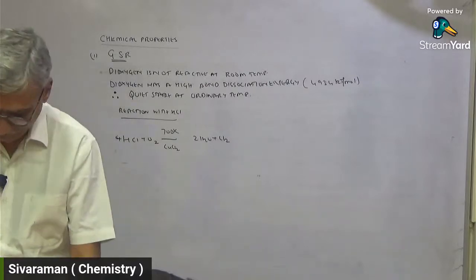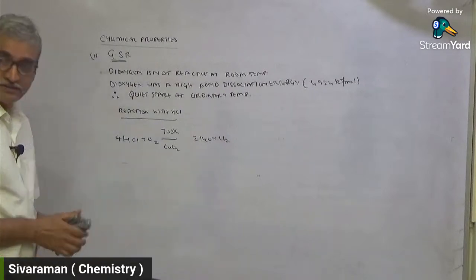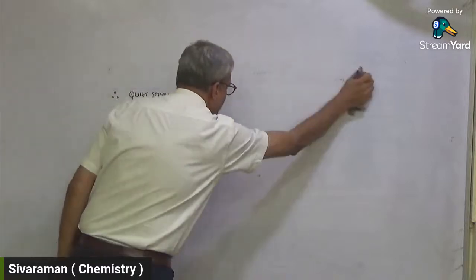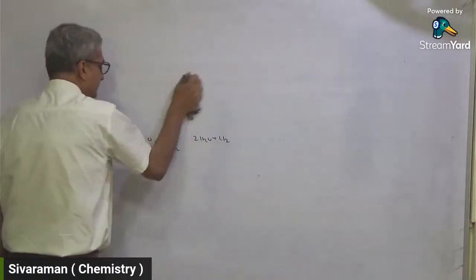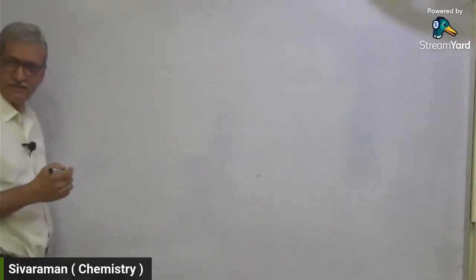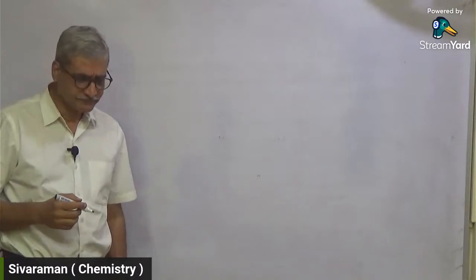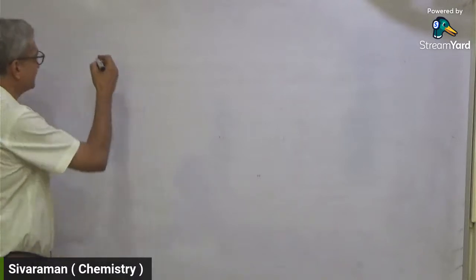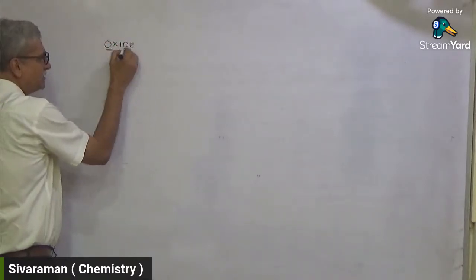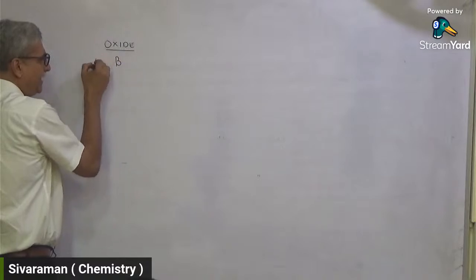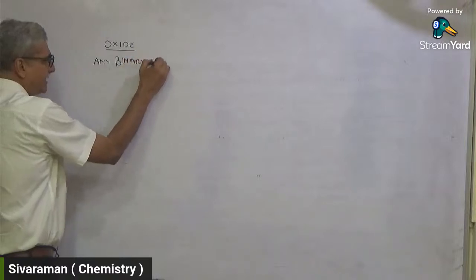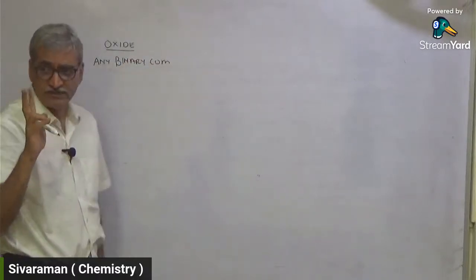Finished. Now, when we are talking about oxides, what is the definition of oxide? Any binary compound, binary meaning a compound with 2 elements.